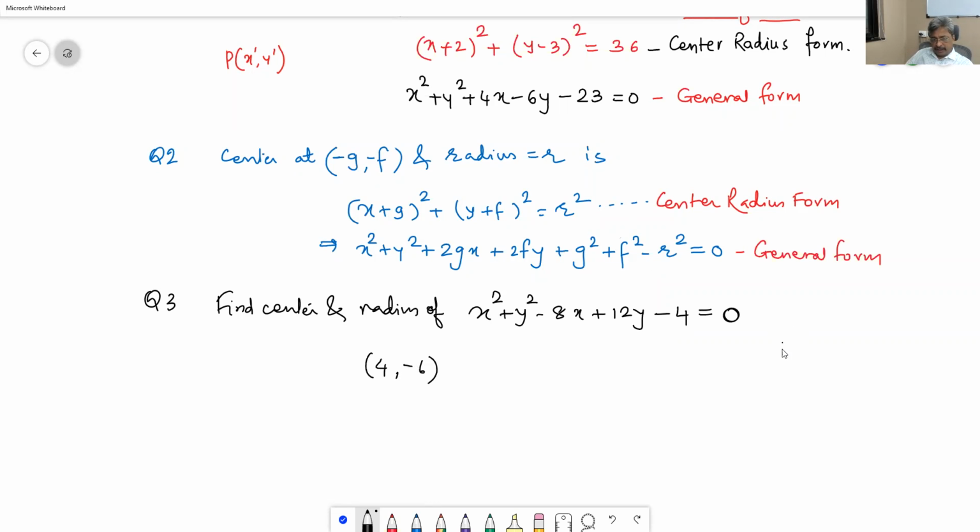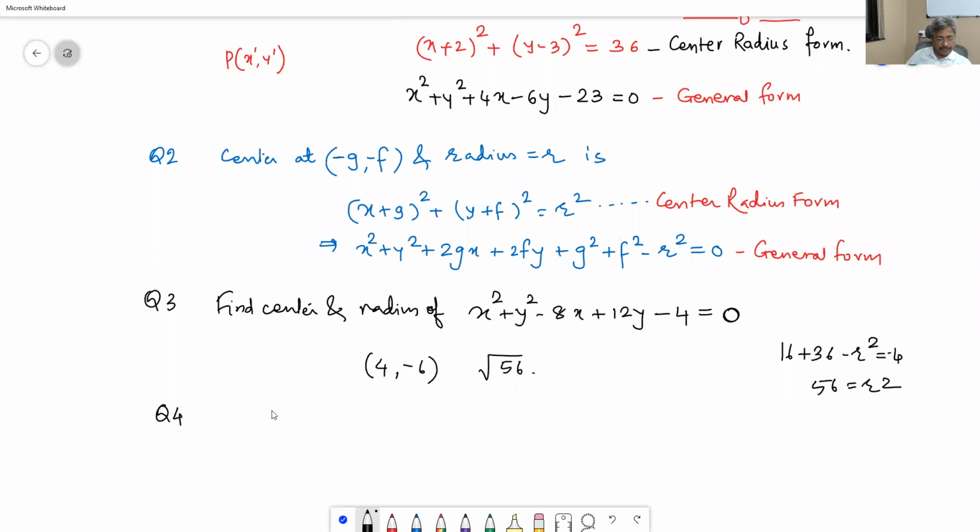So 16 plus 36 minus r square is equal to minus 4. That makes 56 equal to r square. Therefore radius is root 56. It has to be that quick.